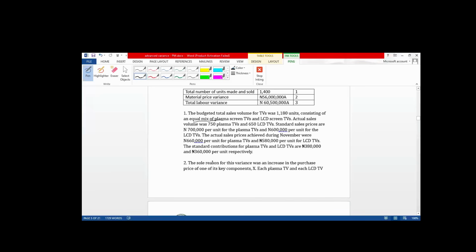Now look here. The standard contribution. Look at note number 1. All the information you needed for requirement A1 is in note 1. The standard contribution for plasma TV and for LCD are 380,000 and 360,000 respectively.